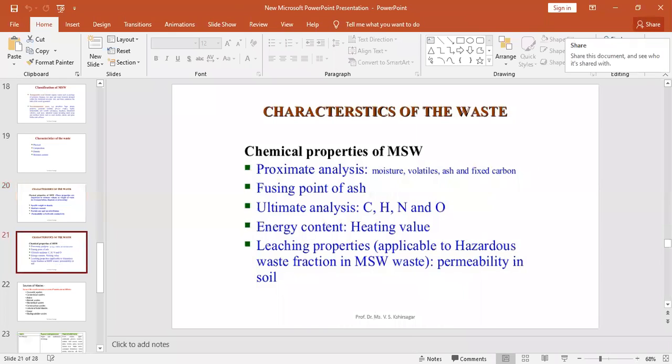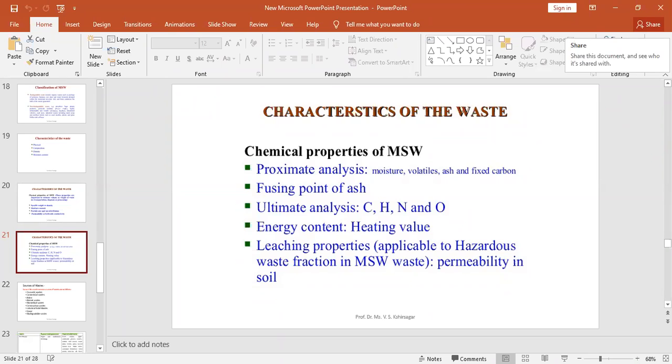Finding the moisture content, the volatility, and the ash content or fixed carbon is nothing but the proximate analysis. Then the fusing point of ash is a chemical property of municipal solid waste. Then ultimate analysis, in which you get to know how much carbon, hydrogen, nitrogen and oxygen is present in the municipal solid waste.